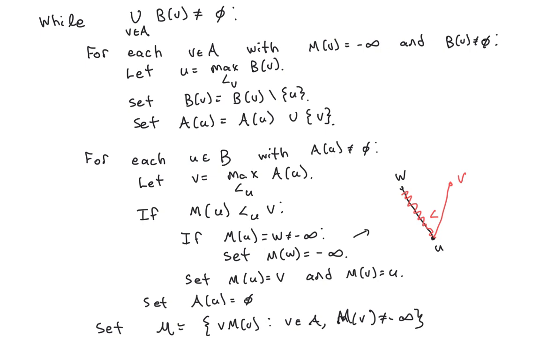Now, reading this setup, I see one little issue I've forgotten to take care of is that once a job has hired a potential candidate temporarily, we run into the issue that their B set no longer changes. So I ought to say here that there exists a V in A with M of V equal to negative infinity.